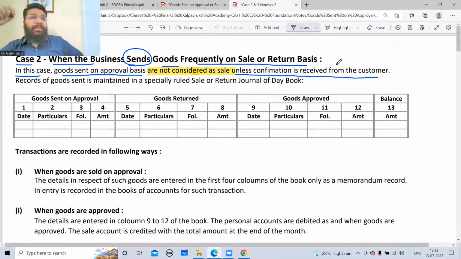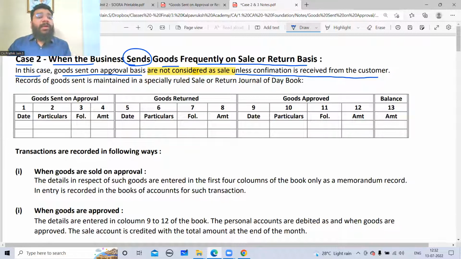In casual transaction, once you send the goods, you treated it as normal sale and you passed a normal sale entry. But here, if the frequency of sending the goods in the business is frequent, that is slightly more than casual, then we will not pass a sale entry unless the confirmation is given. In other words, I'll pass the sale entry only when the confirmation is given.